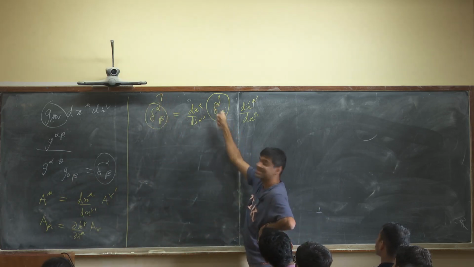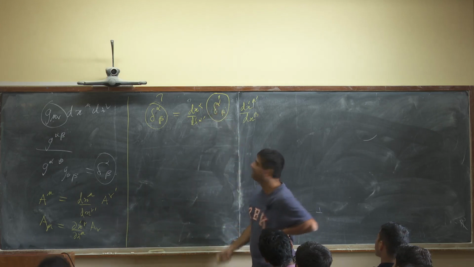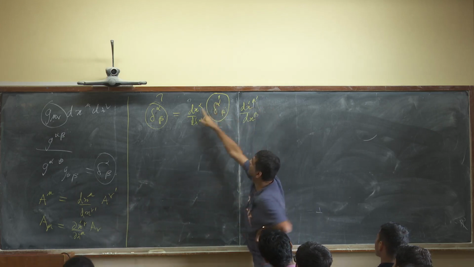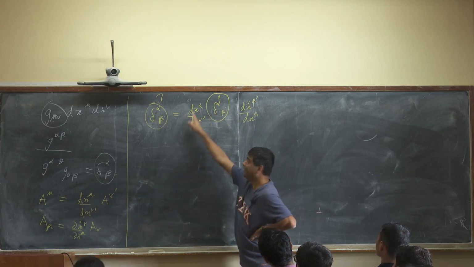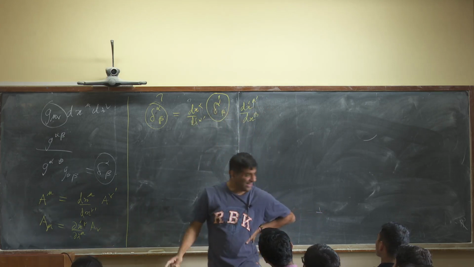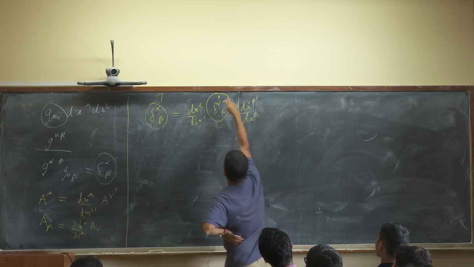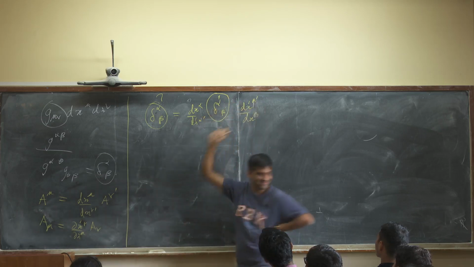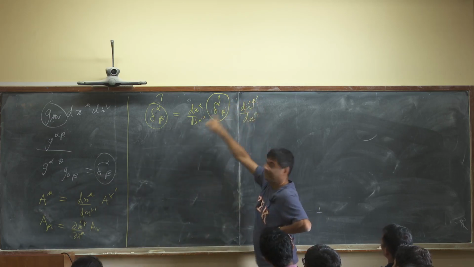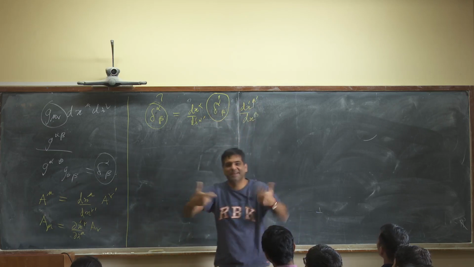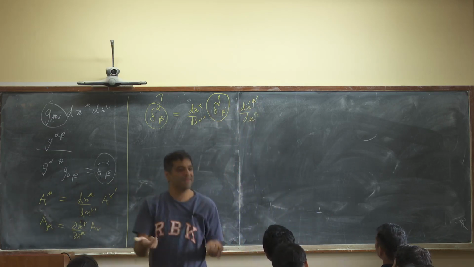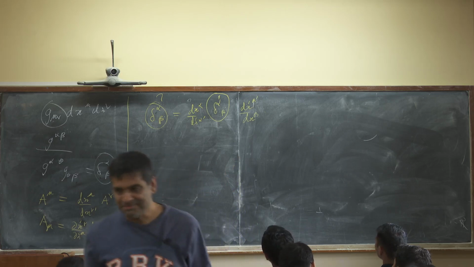This is contracting indices alpha and beta. So what it does is set the beta index to the alpha index. Beta prime to alpha prime. That contracts these two indices in these two objects, and these two matrices are inverses of each other.